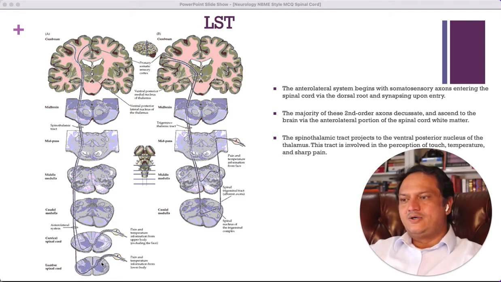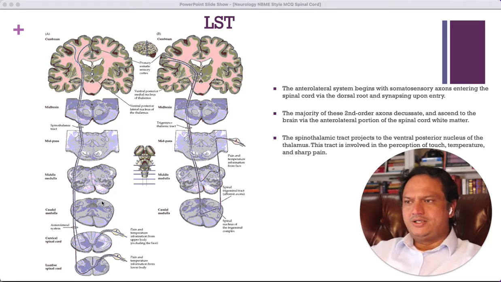The second order neuron starts in the spinal cord and crosses over right there for the anterolateral spinothalamic pain and temperature pathways, while for the proprioception and vibration posterior column pathways, the first order neuron ascends ipsilaterally and only stops at the bottom of the medulla, where there is the dorsal column nuclei, one nucleus for each of the two tracts, for the upper part and lower part of the body, so lower limbs and upper limbs.